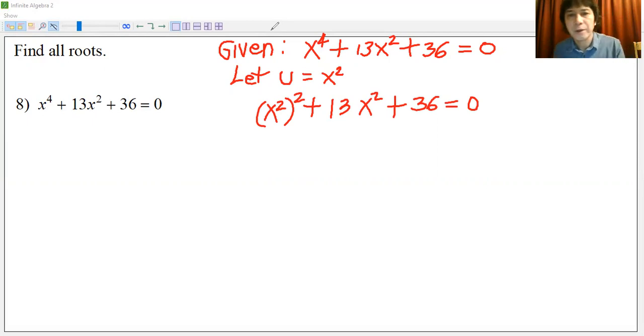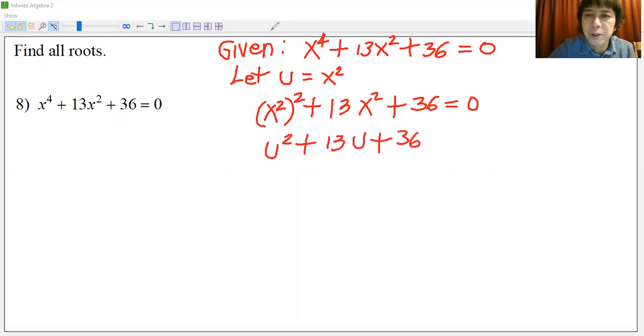Okay, so we shall now use our letter u. So this is now u squared plus 13u plus 36 is equal to 0. Now, what are the factors of 36 that when added give 13?